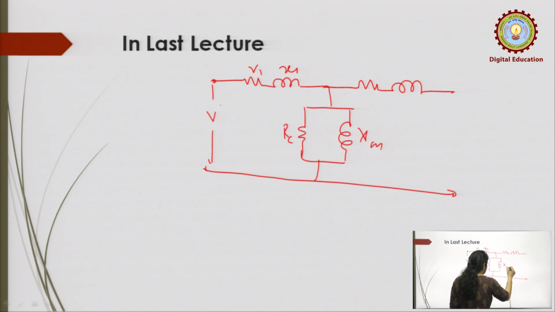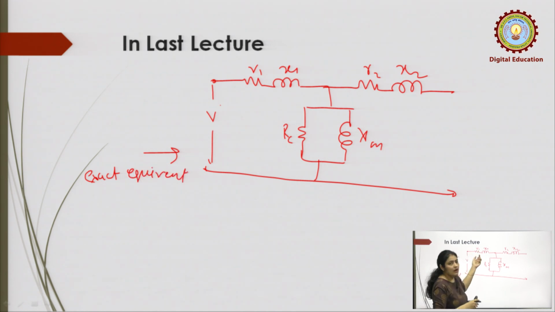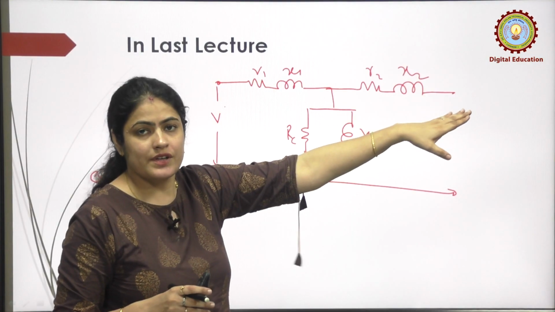This is RC, XM, R2, X2 that we have seen, that is the exact equivalent circuit of the transformer. R1 is the winding resistance on the primary side, X1 is the leakage reactance on the primary side, and these parameters are due to the secondary side.